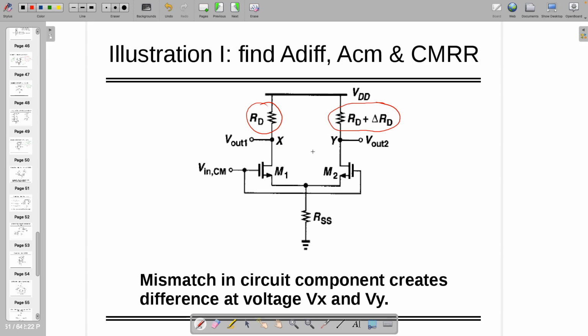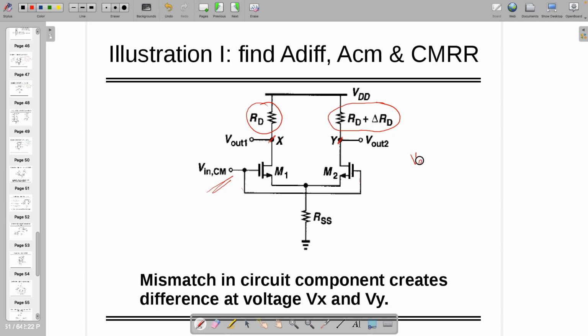In this case, V in common mode is applied to both, but now Vx and Vy are not at the same potential, because one side is RD plus delta RD and the other is RD. So you have to take them individually and then take the difference, which gives you the common mode.